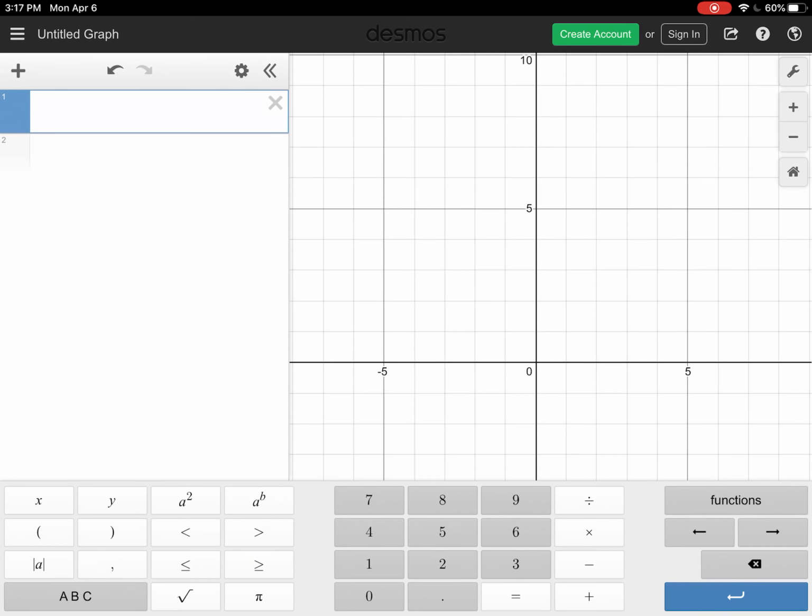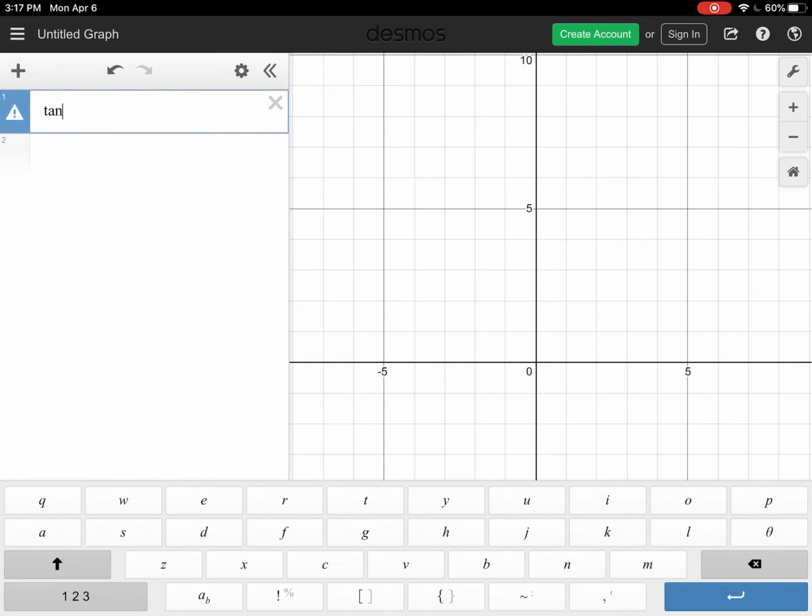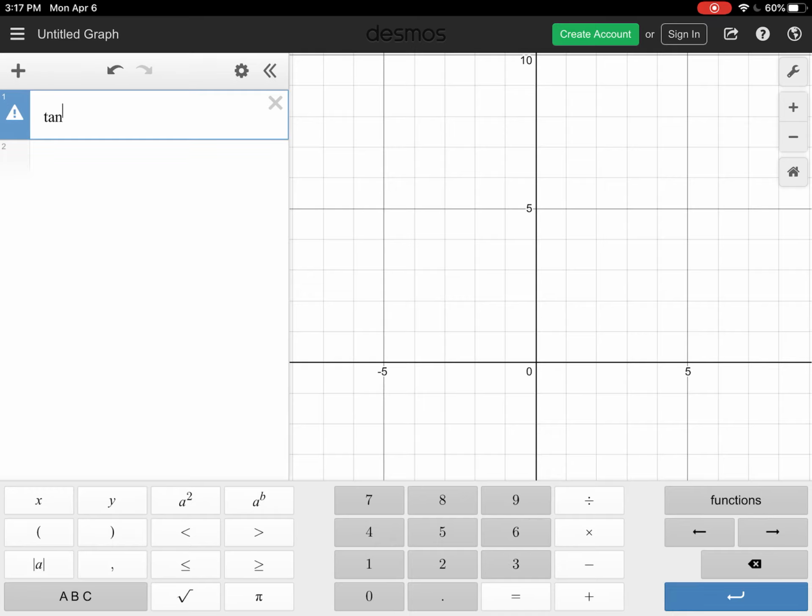I'm going to go to Desmos to find my inverse tangent of 6 over 8. Let's type in inverse tangent.